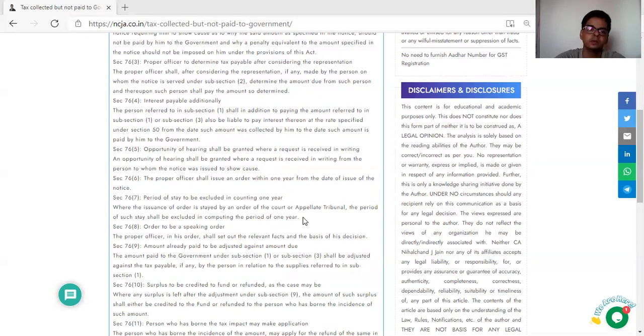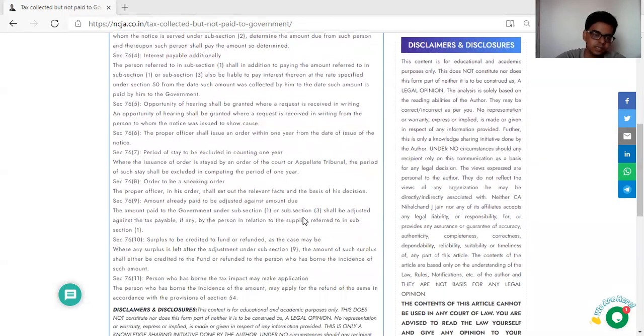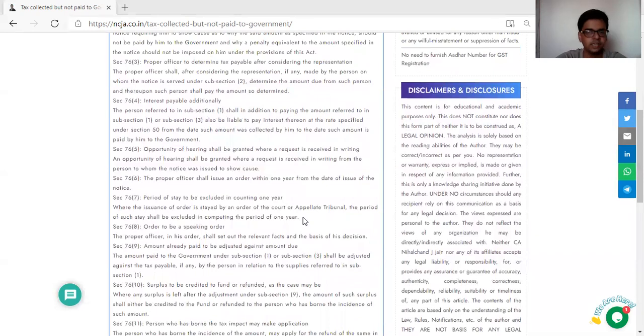Moving forward, say for example, the officer tells me that 1,000 rupees is due from me, and I have already paid 800 rupees to him. So now, what is the excess amount that I have to pay him? It is only 200 rupees, which means the amount paid to the government shall be adjusted against the tax so payable.